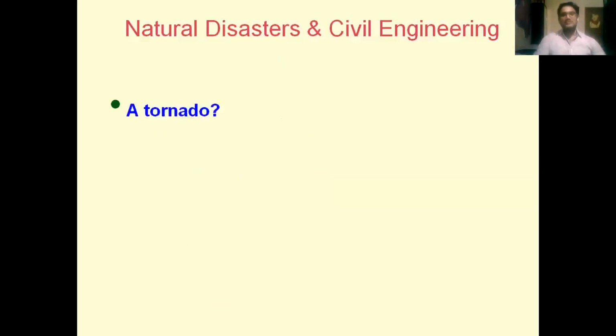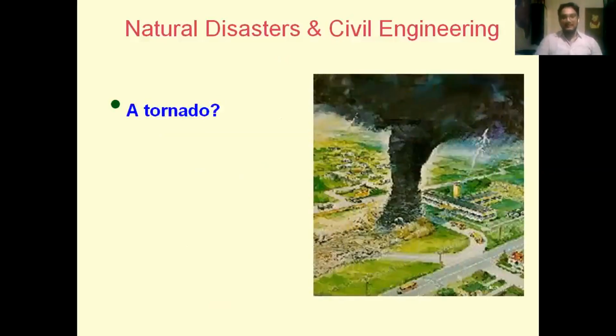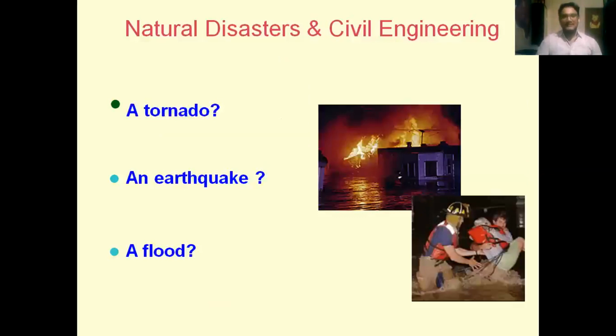Coming to natural disasters and civil engineering, the challenges for civil engineers are in terms of very many natural disasters, like a tornado, isn't it? An earthquake, flood. These are all natural disasters, where civil engineering plays a vital role in safeguarding us from natural disasters, right?